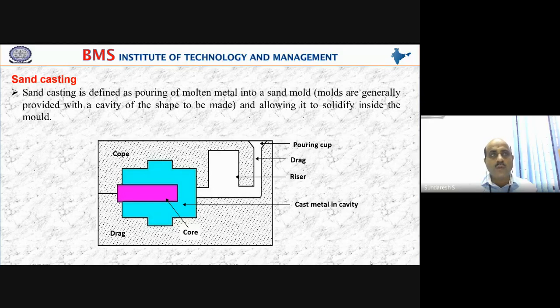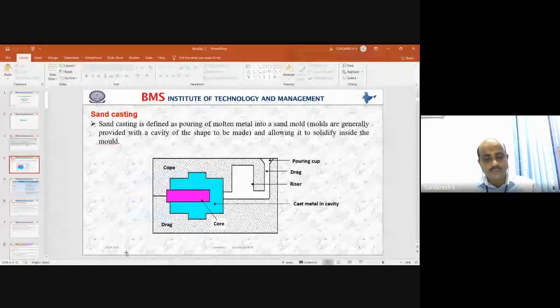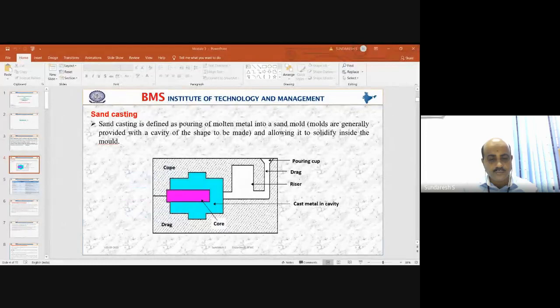Anybody can explain briefly what is sand casting? Mithun, are you there? Yes, sir. Mithun, can you briefly explain what you understand by the word sand casting?